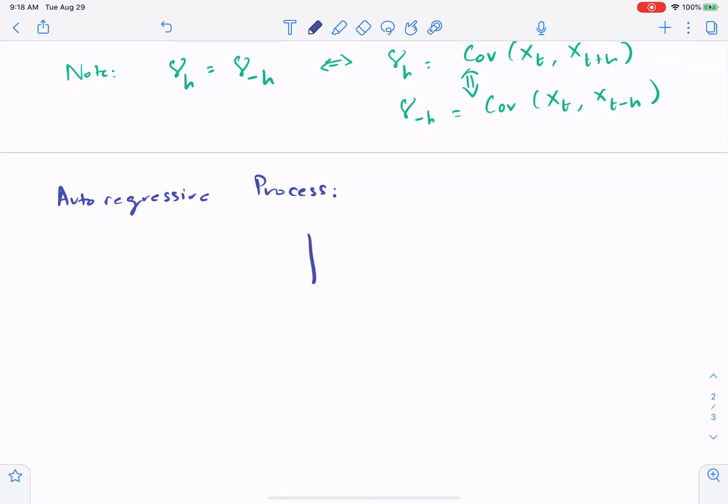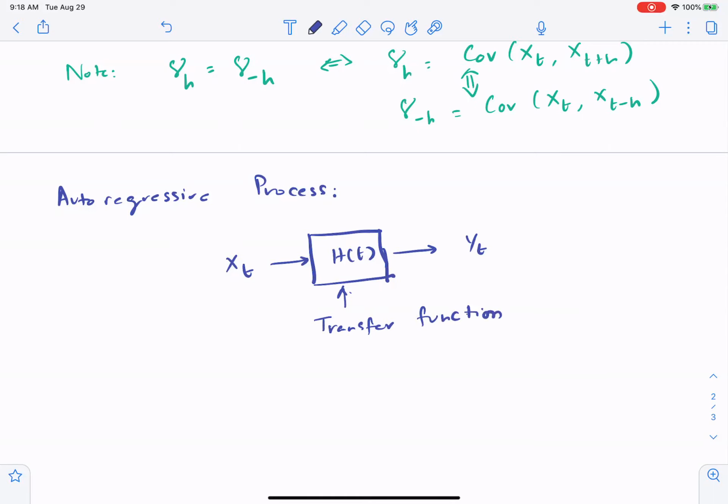So input, output, H of t is simply the transfer function. I guess they called it transfer function because it transfers input to output. That's just a guess. Same picture, we're just going to represent it in a different manner.